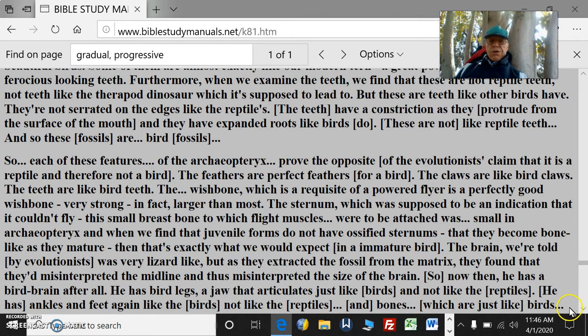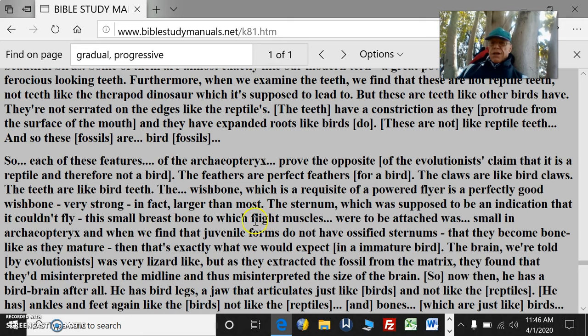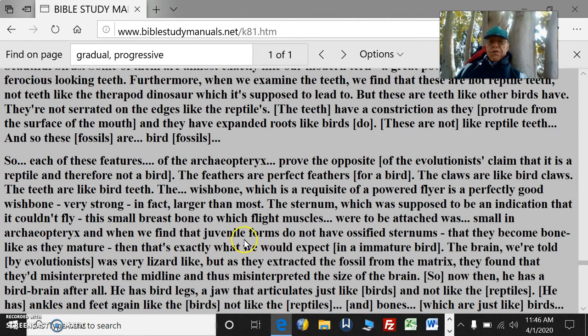And the wishbone, which is a requisite of a powered flyer, is a perfectly good wishbone, very strong, in fact larger than most. The sternum, which was supposed to be an indication that it couldn't fly, this small breastbone to which flight muscles are attached, was small in the Archaeopteryx. And when we find that the juvenile forms do not have ossified sternums, that they become bone-like as they mature, then that's exactly what we would expect in an immature bird.